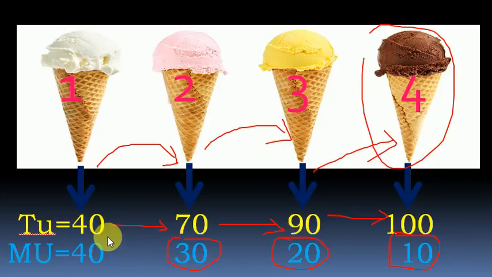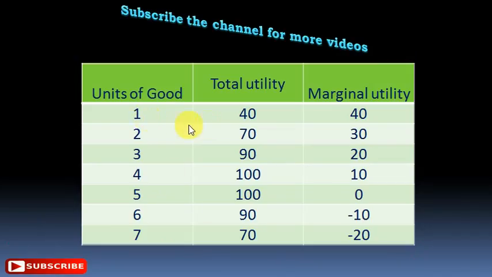Here we can also calculate the total utility and marginal utility with the help of a table. Here we have a schedule showing total utility and marginal utility of a commodity. When the consumer consumes the first unit, the total utility is 40 utils. It means marginal utility is also 40 utils. When the consumer consumes the second unit, the total utility increases from 40 to 70 utils.